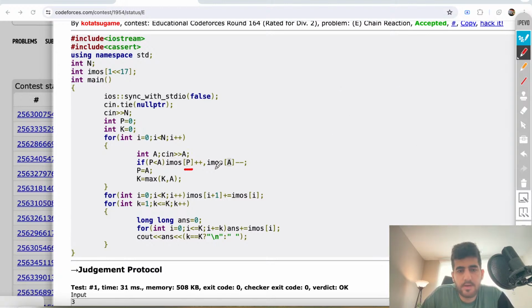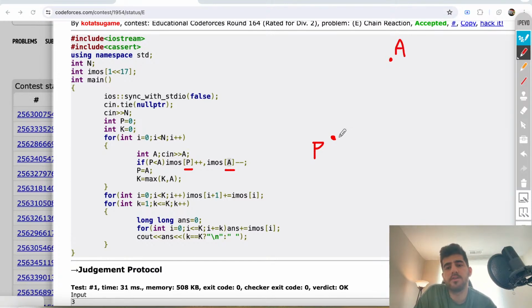This P is some number, this A is also some number. So we have this P and we have this A, two consecutive numbers. What this code is saying is that between these two numbers, when you subtract numbers by k, they don't change modulo k.